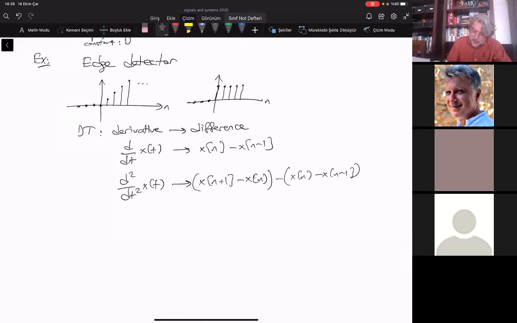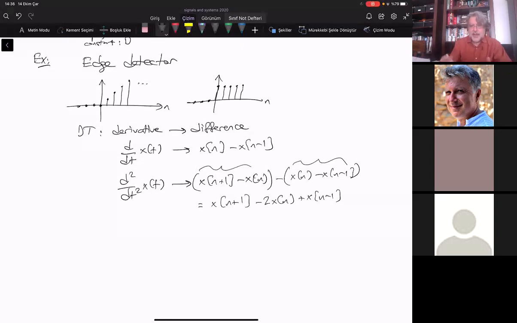As you see, we have a first difference here, another first difference here, and the difference between these first differences in time gives me the second difference, which is like the second derivative. There is a shorter way of writing this: x of n plus 1 minus 2x of n plus x of n minus 1. So basically, this is the second difference.